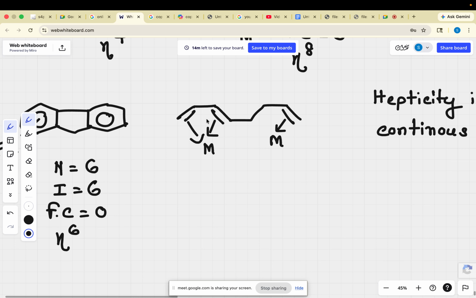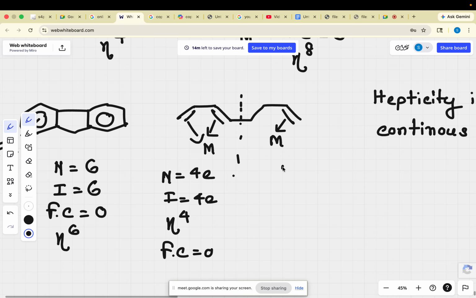So now I have to check separately. This part I have to check separately and this part I have to check separately. Here in neutral method I have 4 electrons, ionic method also 4 electrons, eta value will be 4 and formal charge will be 0.